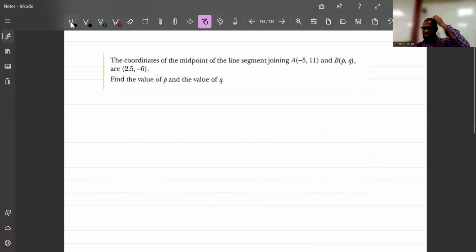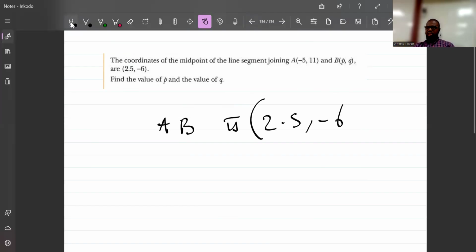It said the coordinates of the midpoint of the line segment AB are this. Find the value of P and Q. So we are given that the midpoint of A and B is (2.5, minus 6).